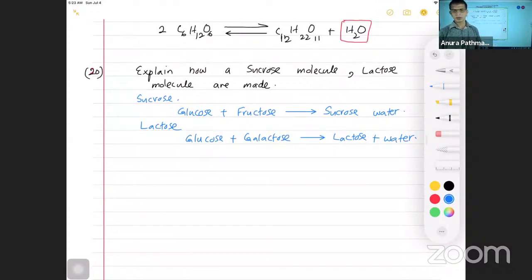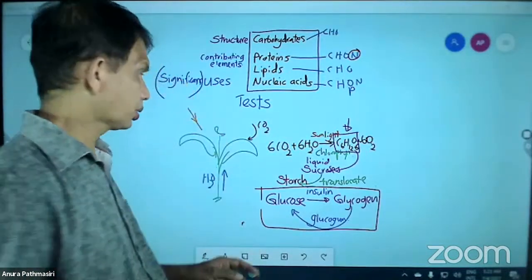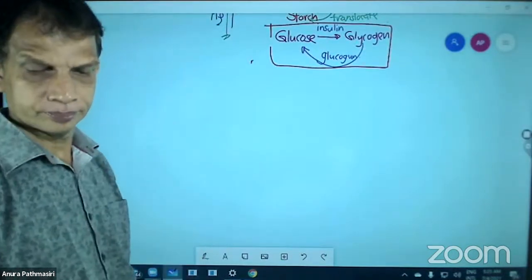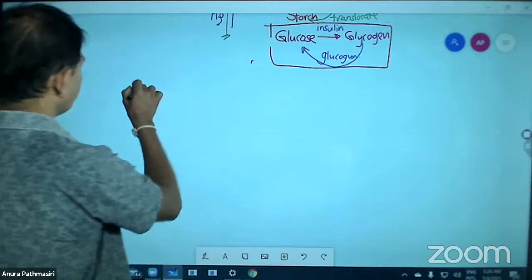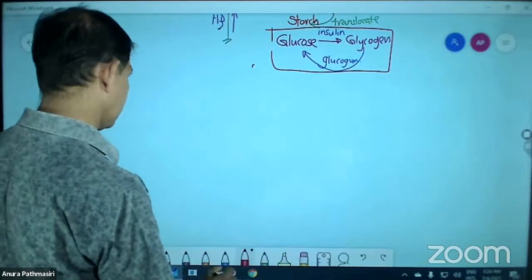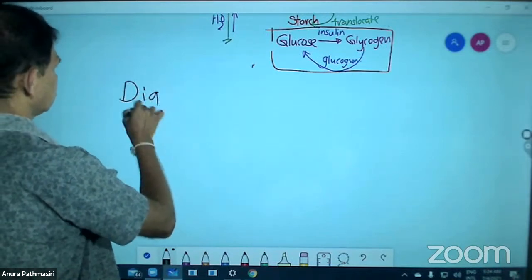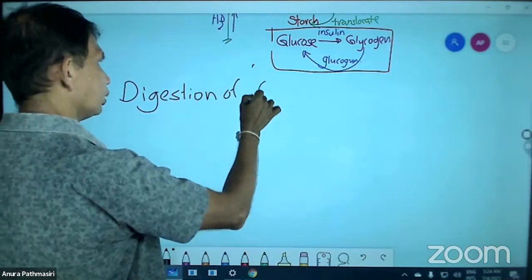And how is lactose digested in the small intestine? If you can remember the digestion of food, this is written for grade 11. Digestion of food.